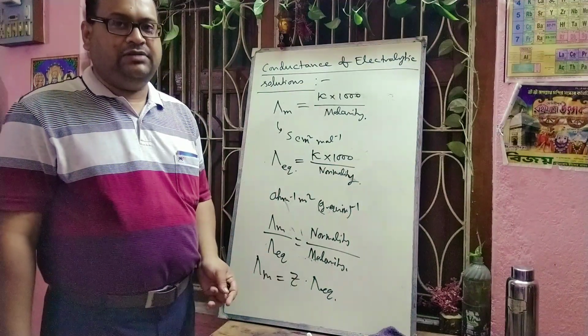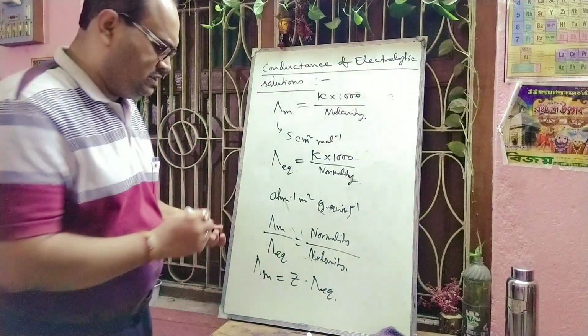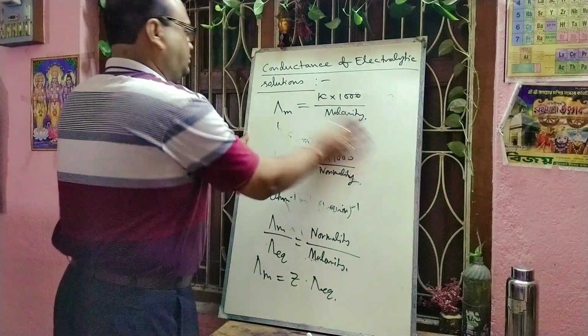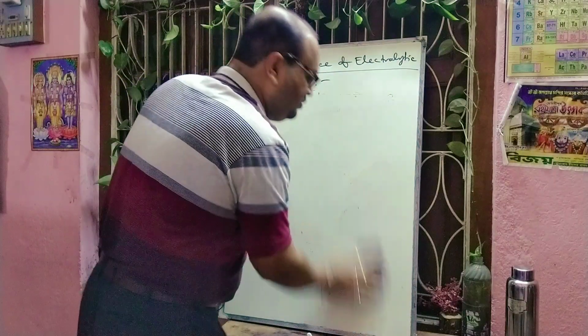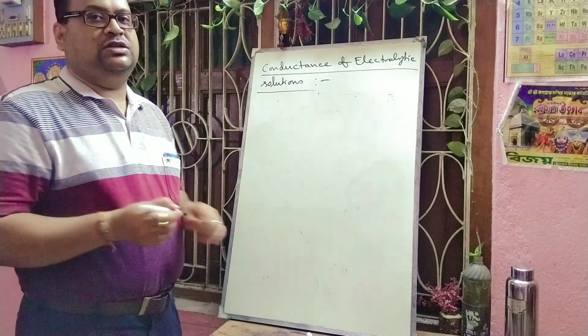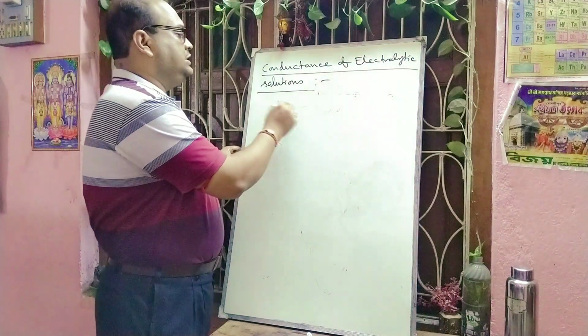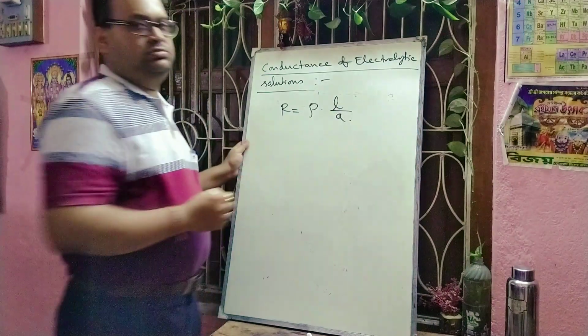So you can understand. Next we will discuss relation between specific conductance and cell constant. Already I have discussed, but again I am discussing that R is equal to rho into L by A, that we know.